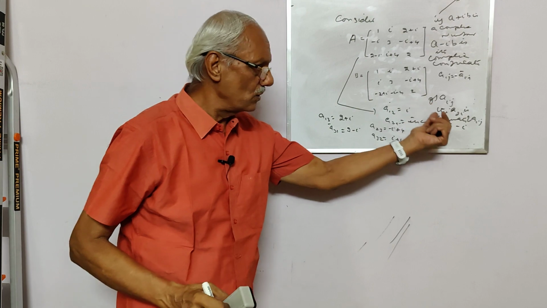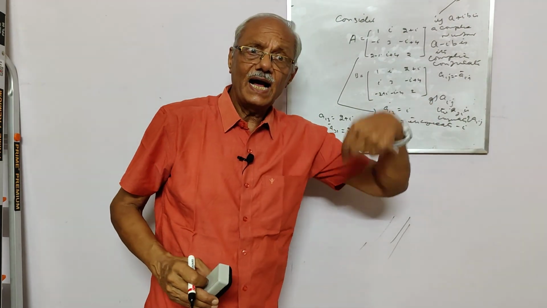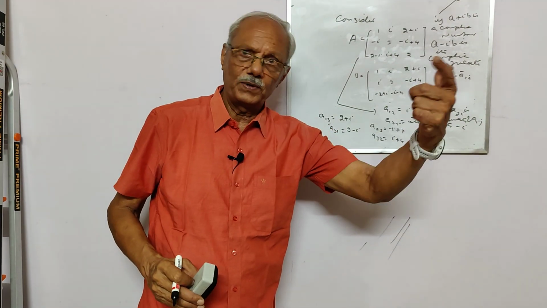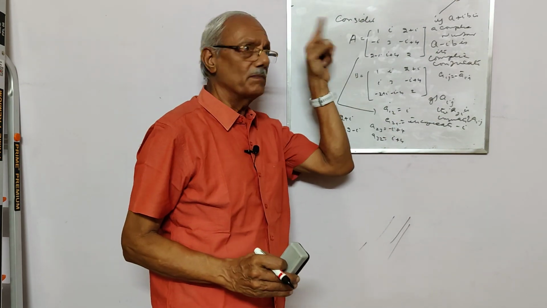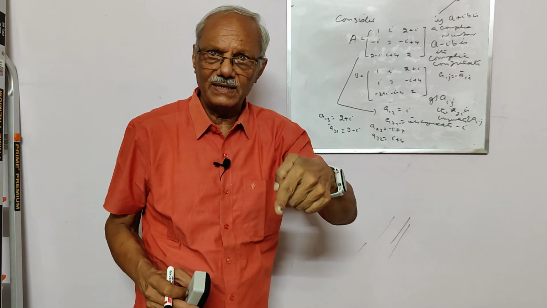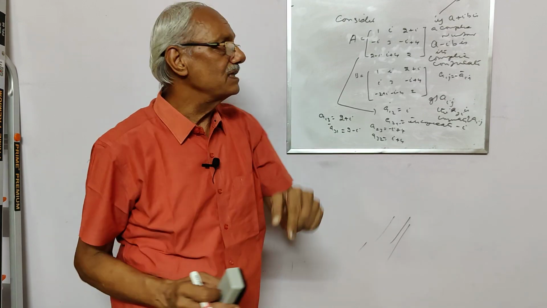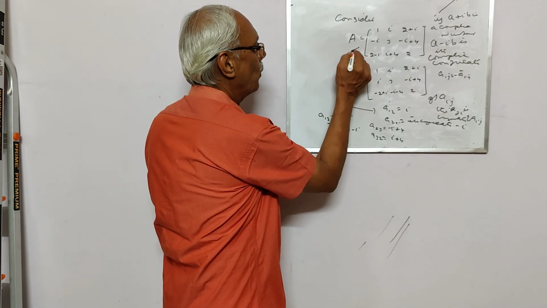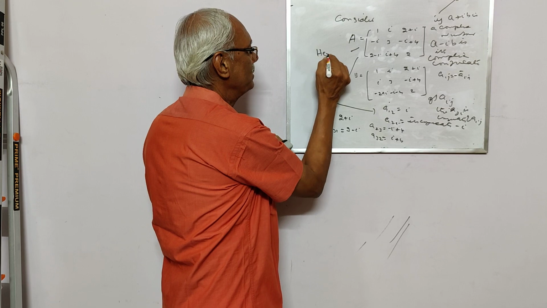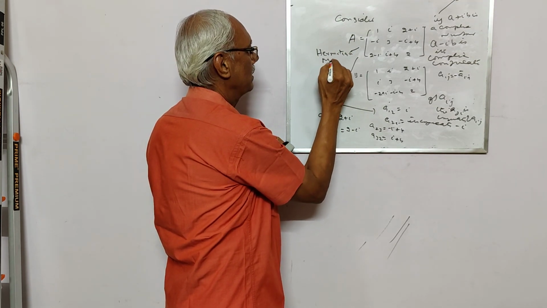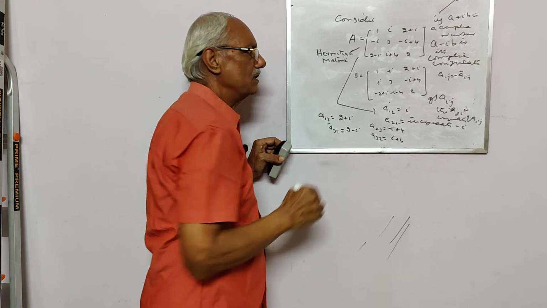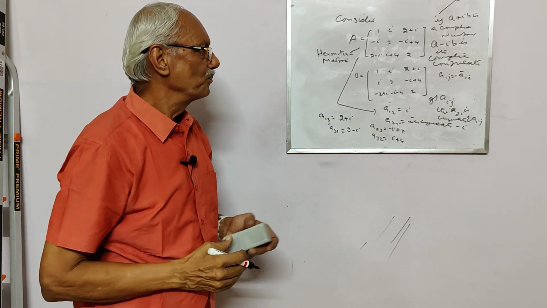So if Aij is a complex number, then Aji must be its complex conjugate. If this pattern follows in the given matrix, which is also a square matrix, then such a matrix will be called a Hermitian matrix.